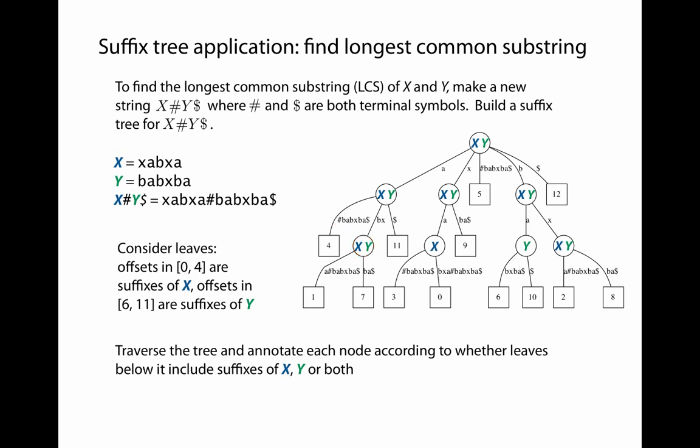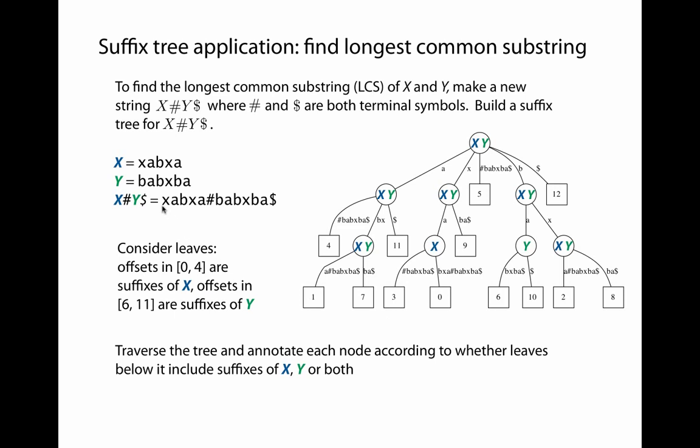And so, how much time does this take? What's the time complexity of this whole procedure for finding the LCS of x and y? Well, what did we do? One of the things we did was build this suffix tree, and say we used Ukkonen's algorithm. Ukkonen's algorithm requires time linear in the string being indexed, the string over which we're building the suffix tree.